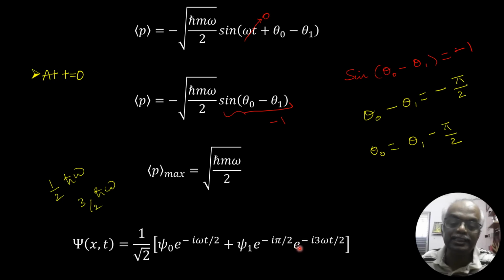So the next term will become psi 1 e power minus i 3 omega t over 2. Then the space factor, don't forget the space factor. The space factor must be minus pi by 2, so in exponential form I have written e power minus i pi by 2. This is the wave function at any time to get the maximum expectation value of momentum.